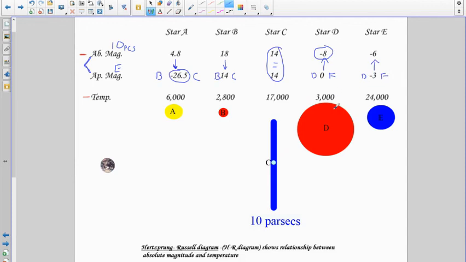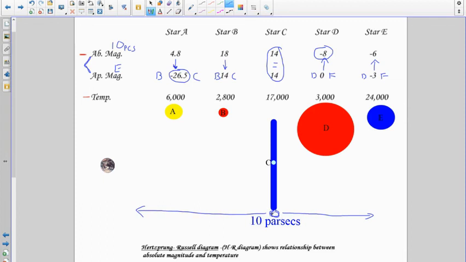Okay. So now when I place these, I'm going to use this 10 parsec line that I made, and I'm just going to think of this as being like a number line. If this is my 0 mark, then as I go to the right and I go to the left, the numbers will increase.